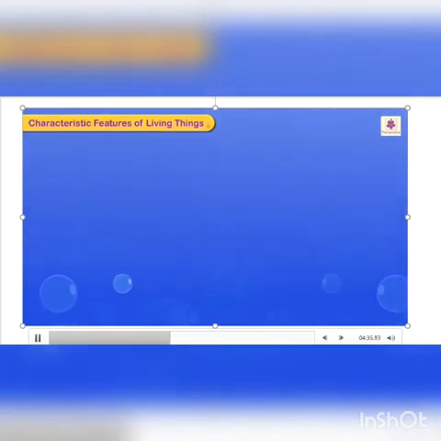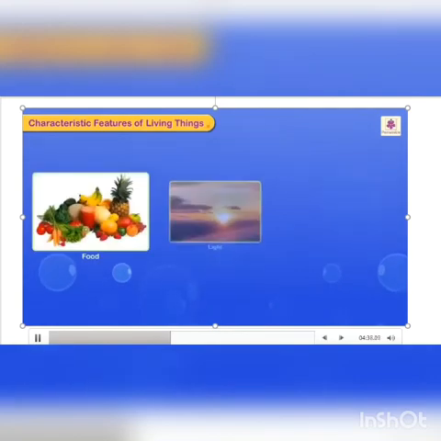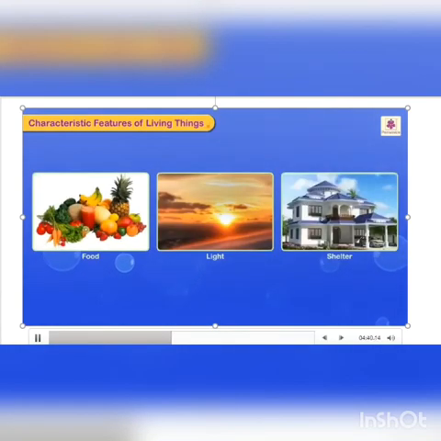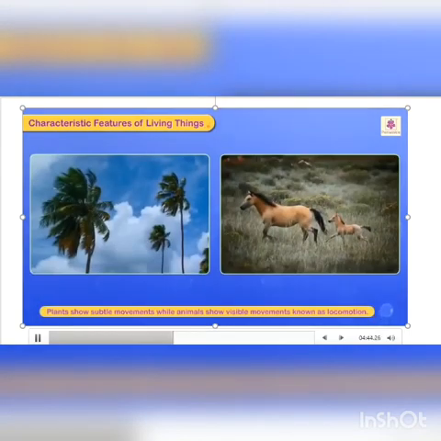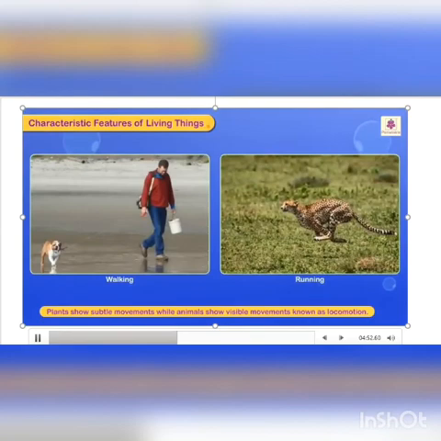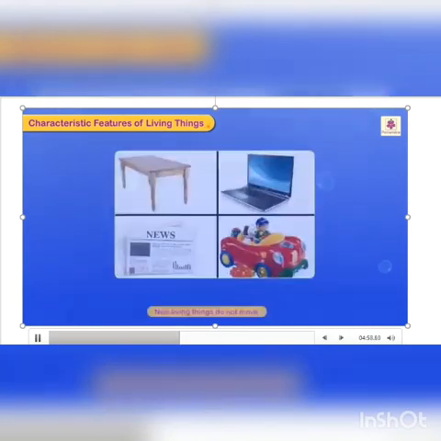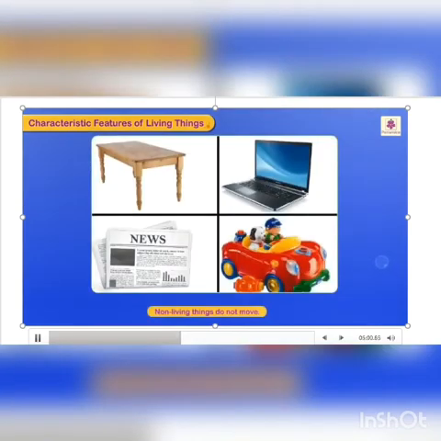Living things move in search of food, light, and shelter. Plants show subtle movements while animals show visible movements known as locomotion, like walking, running, etc. Non-living things do not move.